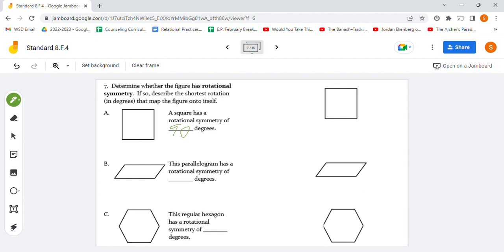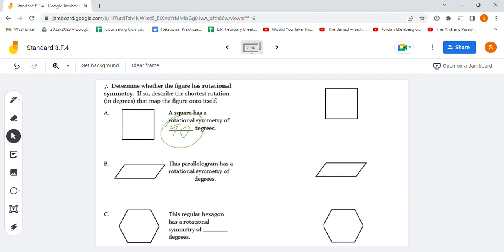And on this one, sometimes people will say, well, we've got 90 degrees, but then we also have 180 and 270. We don't need to mention any of those because the 90 degrees will build up all of those rotations of symmetry. So it's enough to say the smallest number, which for a square is 90 degrees.